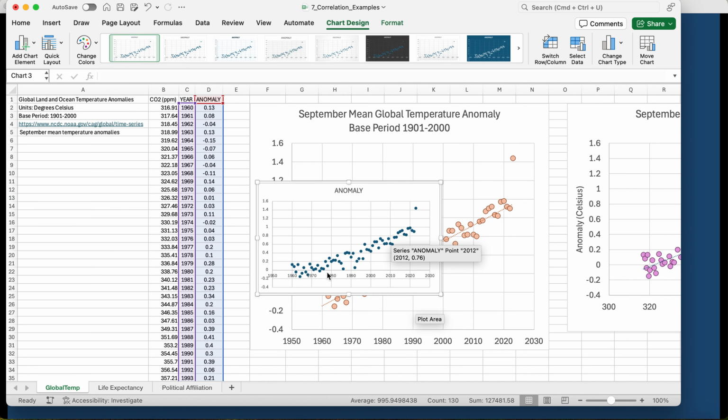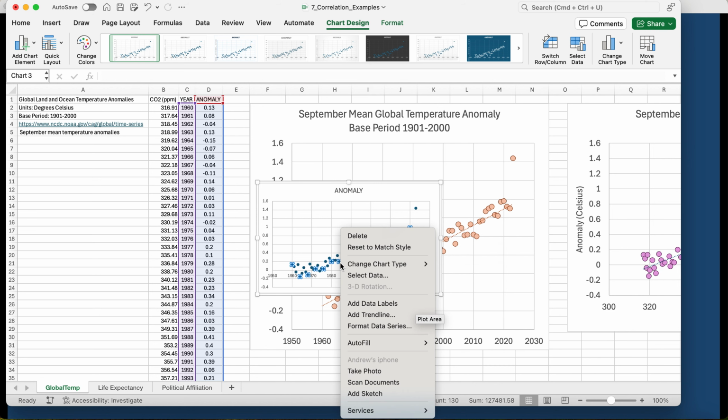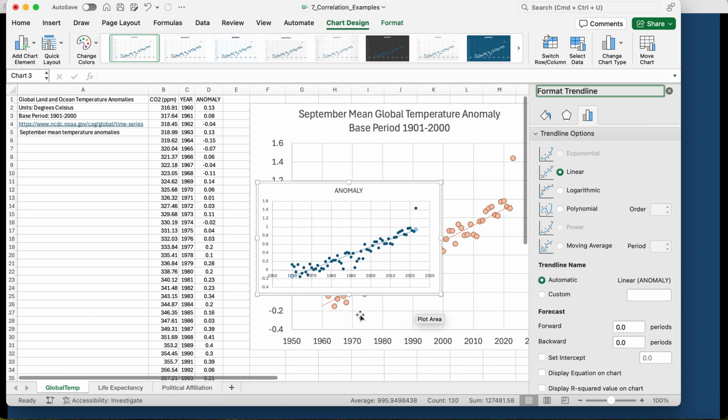And so you get the plot, and then you want to see the equation that best fits this trend. So if I right-click, or on my Mac I can control-click, you can bring up a menu where you can add trend line. So I add trend line, and then that will automatically bring up this other menu where you can choose the parameters for that trend.